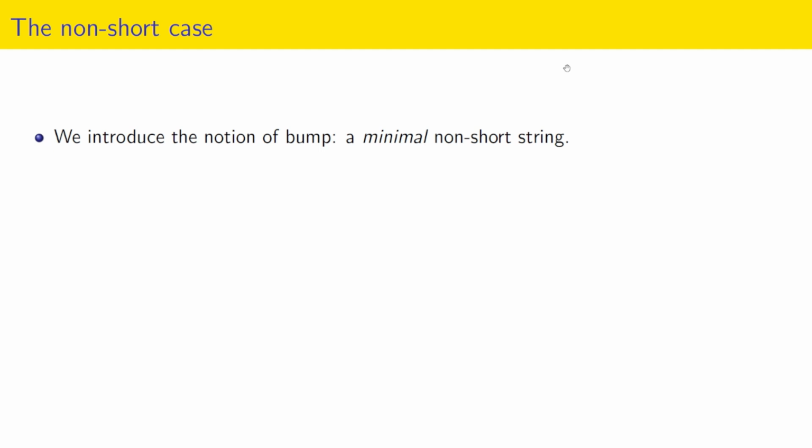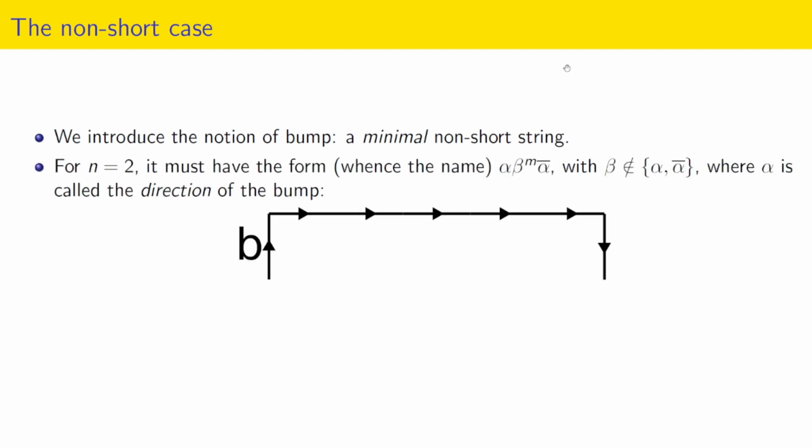A bump is just a minimal non-short string. So something like this in 2 dimensions. That's why the name, it looks like a bump. Minimal means that whichever proper factor you take of this string, it's short, okay? But the whole string itself is not short.